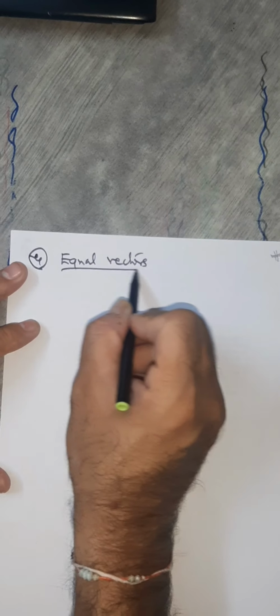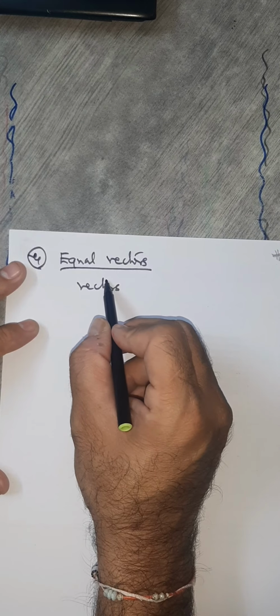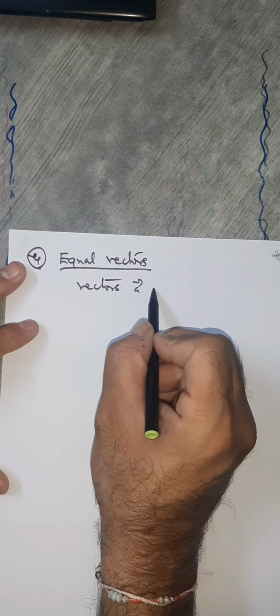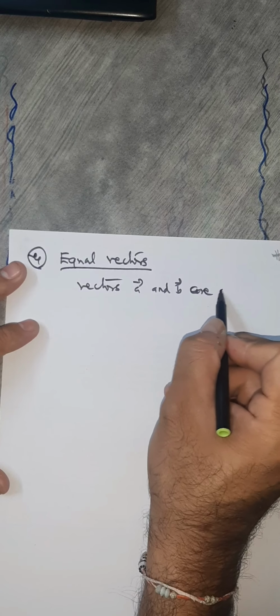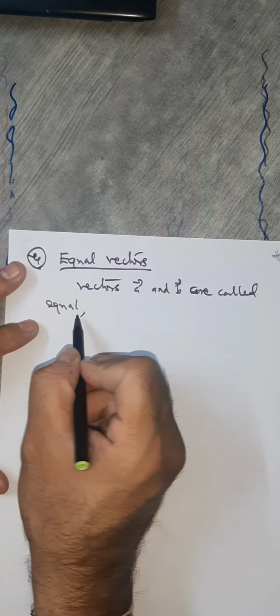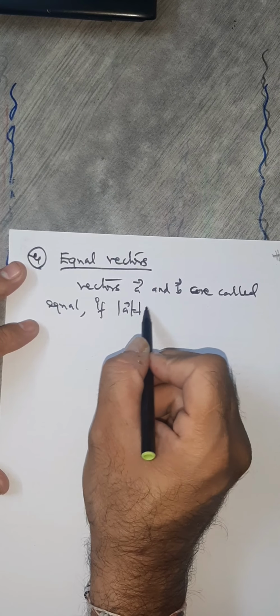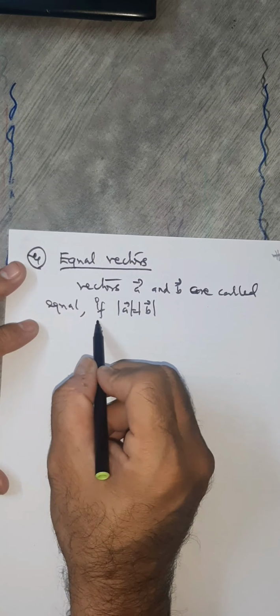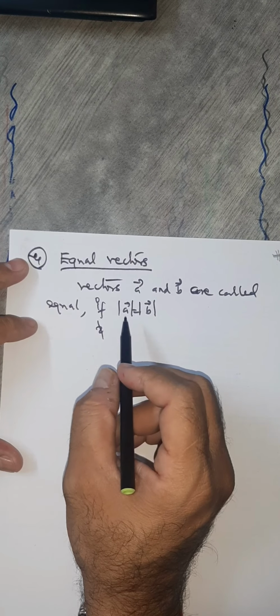So two vectors are said to be equal if their magnitude and directions are equal. Vectors A and B are called equal if their magnitude should be equal, and second thing, their directions must be equal.